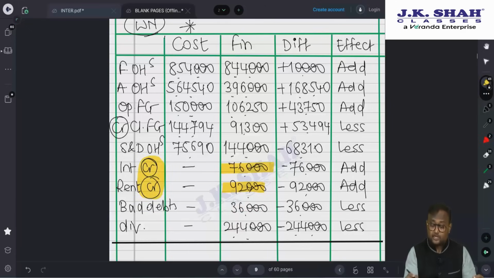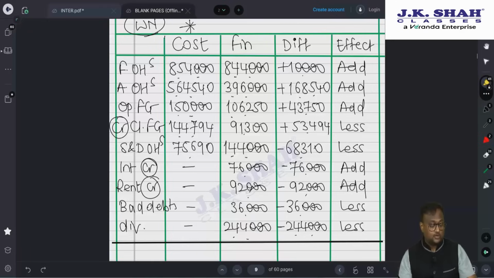Since they are credit items, we'll have to reverse the treatment and we'll have to add them. And then I have final 2 items, 2 expenses which are not recorded in costing but recorded in finance. Now when you record them, your answer is again negative. This time it is positive item, so it has to be subtracted.